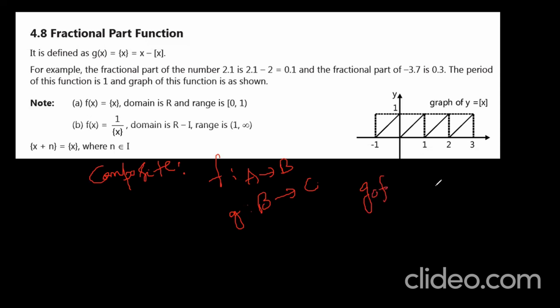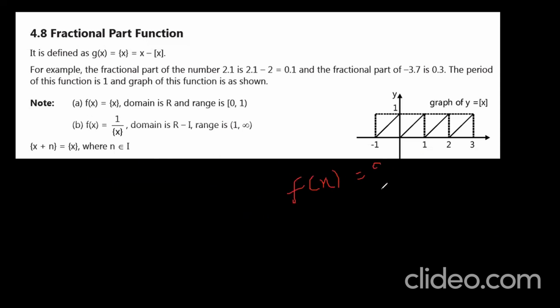G circle f of a, that can be called a composite function: g of f of a, for all a belongs to A. This is called composite function. And then equality of functions: two functions are going to be equal, f of x is equal to g of x, like that.